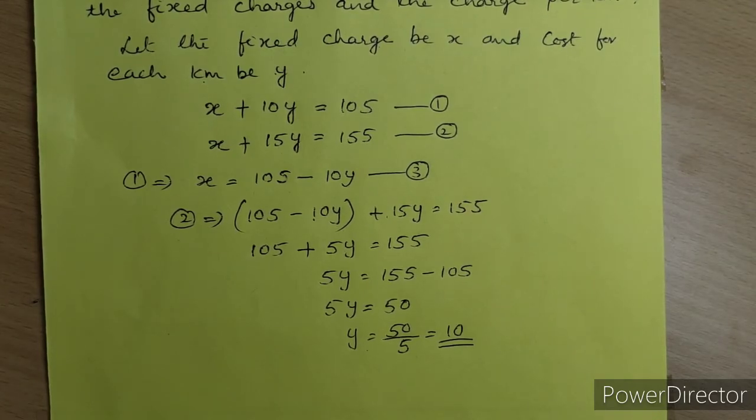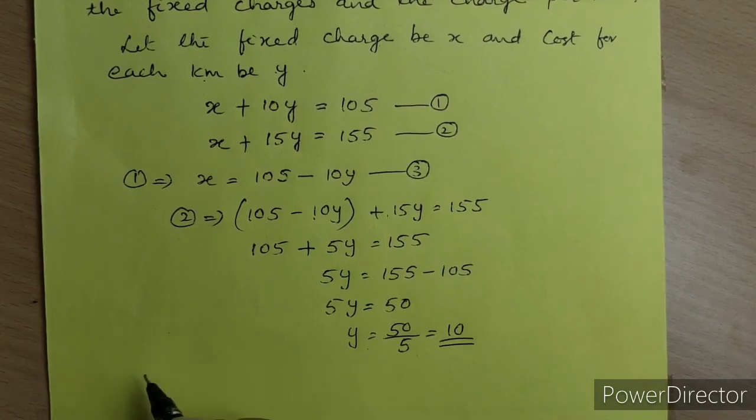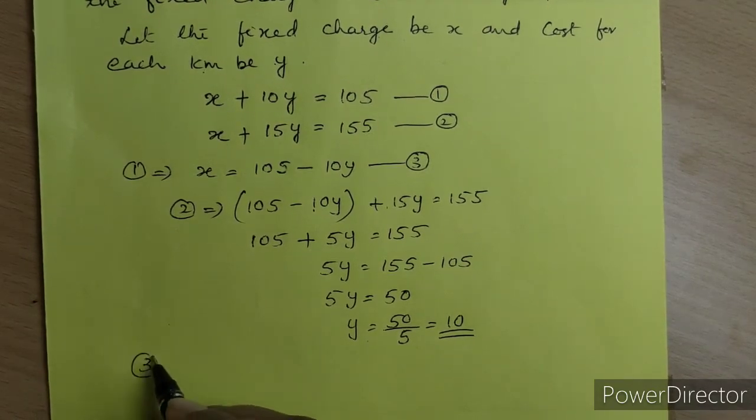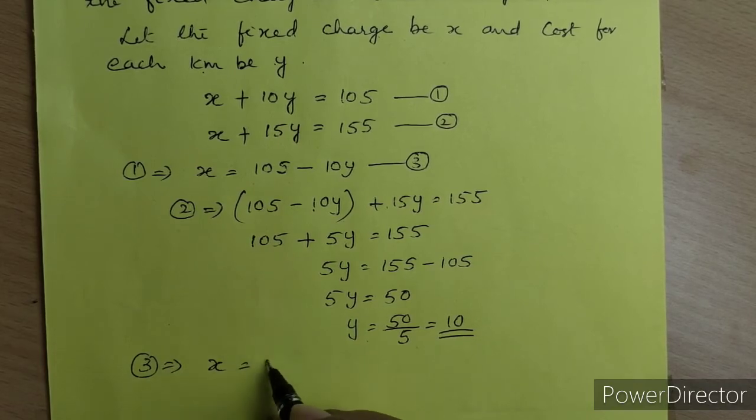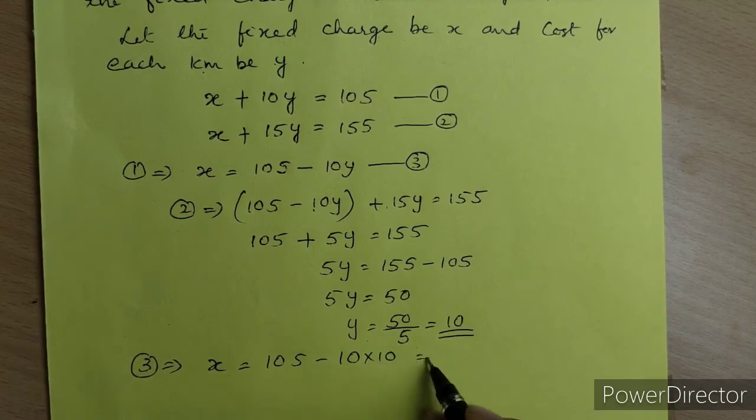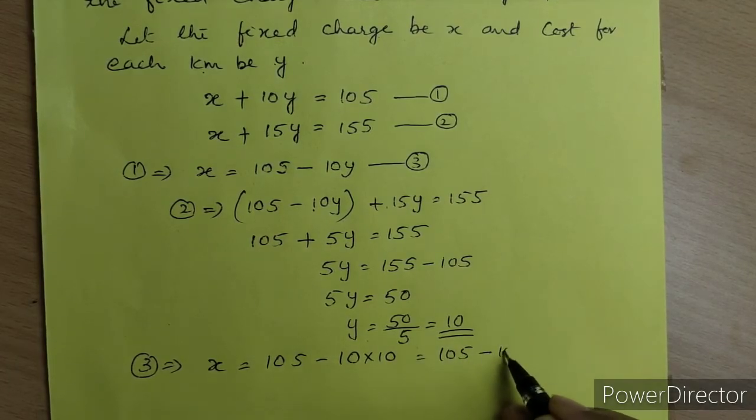Now after getting the y value, what will you do? Find the x value by substituting in the third equation. So the third equation gives x is equal to 105 minus 10y, 10 into 10, or 105 minus 100, which is equal to 5.